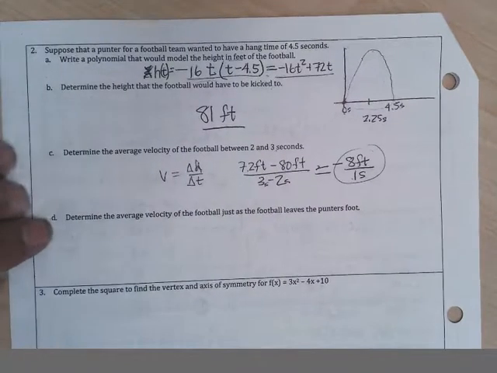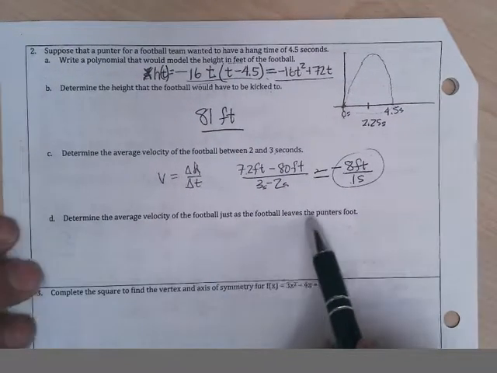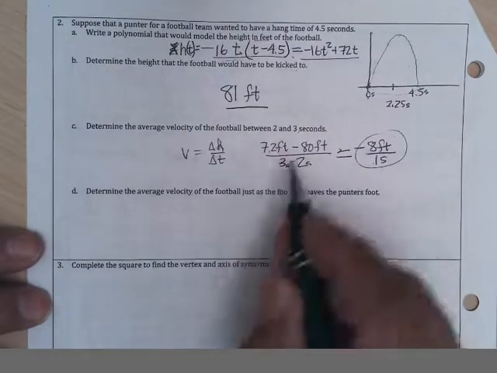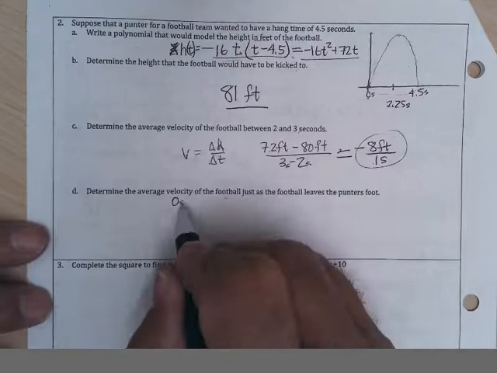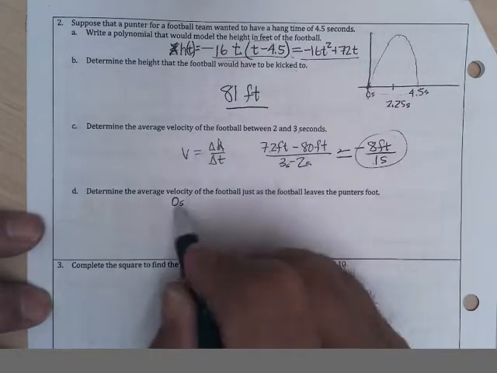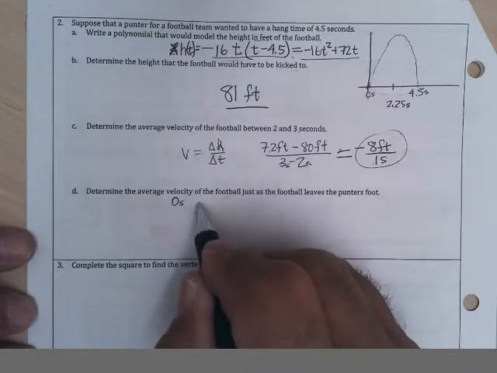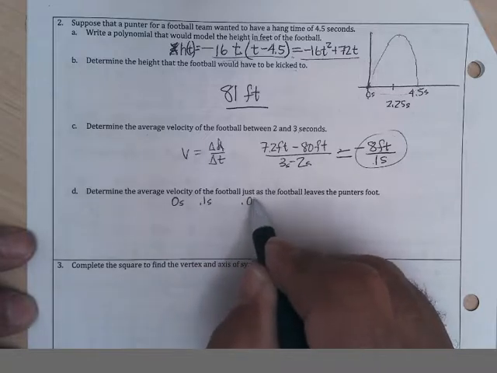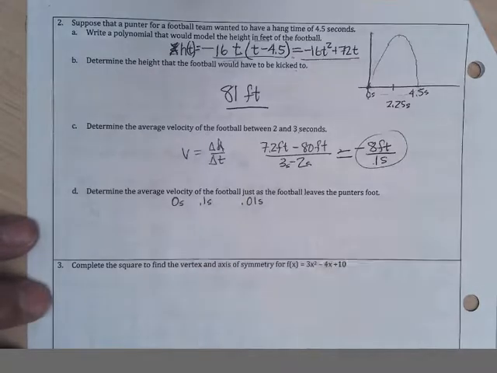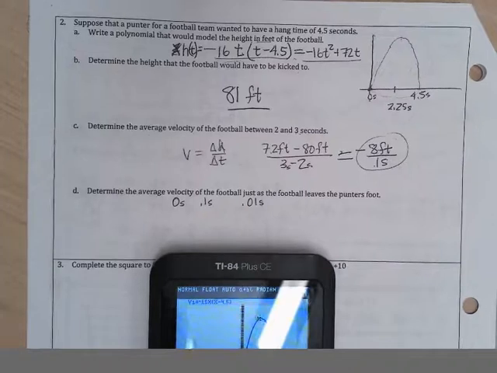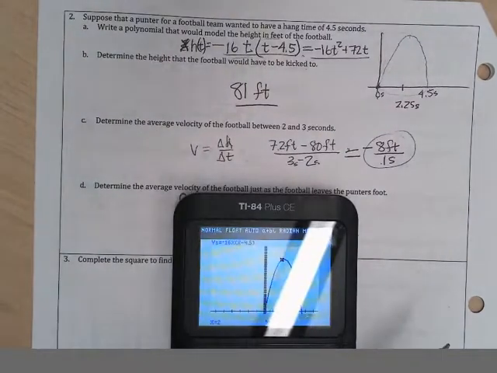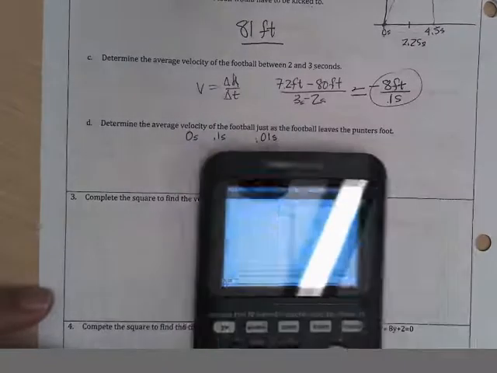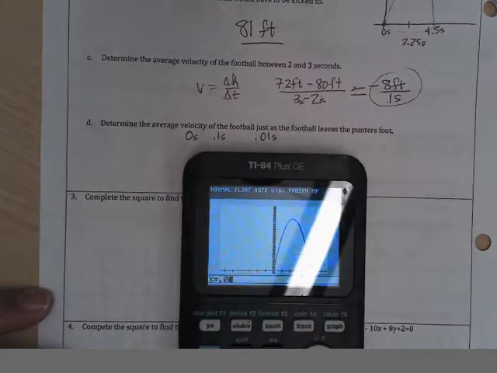Determine the average velocity of the football just as it leaves the punter's foot. So we would do it at maybe 0 seconds and do the same thing, but at 0 seconds and at maybe 0.1 seconds or 0.01 seconds, so it's just barely off. So I'll do 0.01. Second, calculate the value at 0.01 seconds.